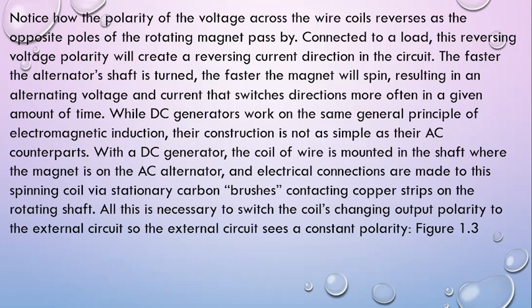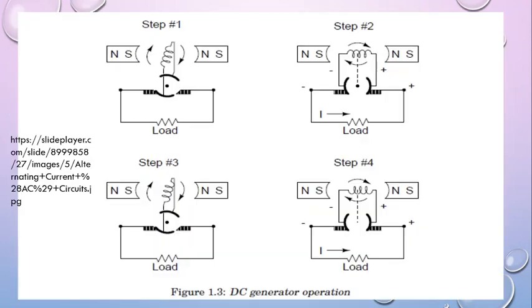All this is necessary to switch the coil's changing output polarity to the external circuit, so the external circuit sees a constant polarity. And also, guys, this is one more picture about DC generator operation.